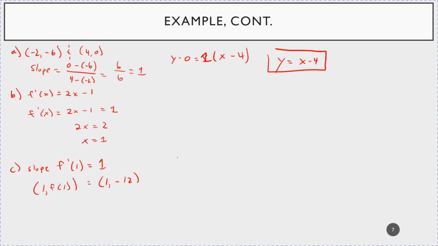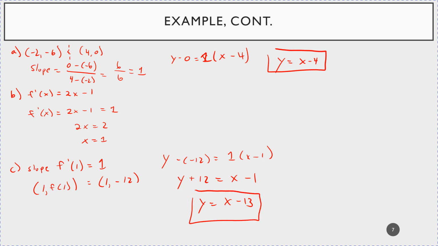And so here, you're going to use your point-slope form again. So you're going to get y plus 12 is equal to 1 times x minus 1, or y plus 12 is equal to x minus 1. Subtract the 12 over, and you get this.